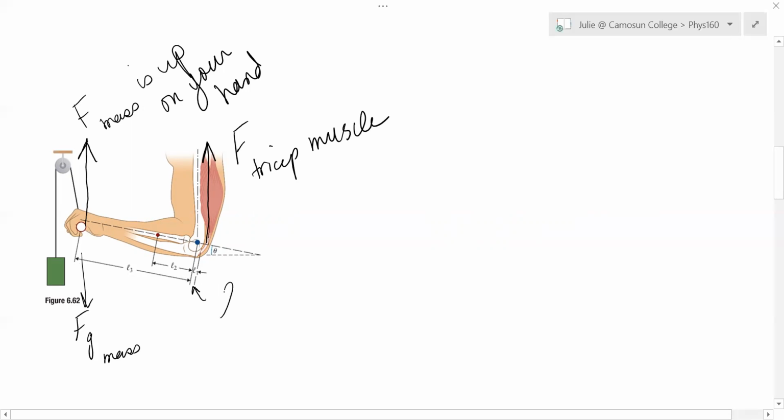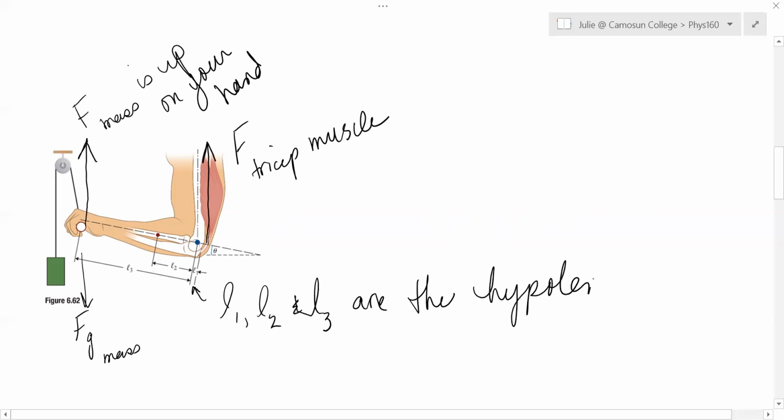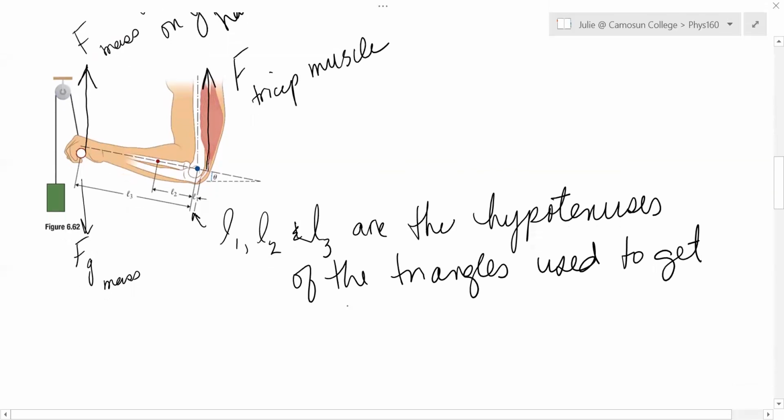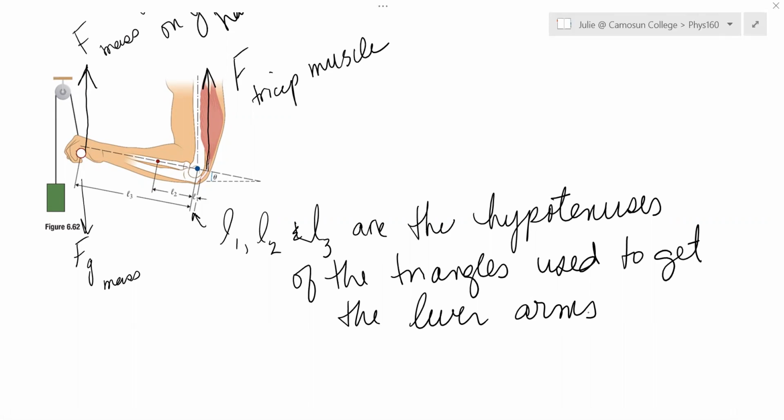So these L1, L2, and L3 are the hypotenuses of the triangles used to get the lever arms. L1, L2, and L3 are not lever arms because your arm is not horizontal. So how do we get those?